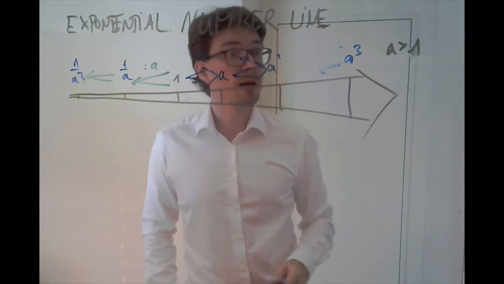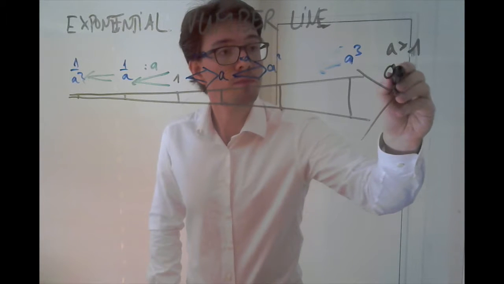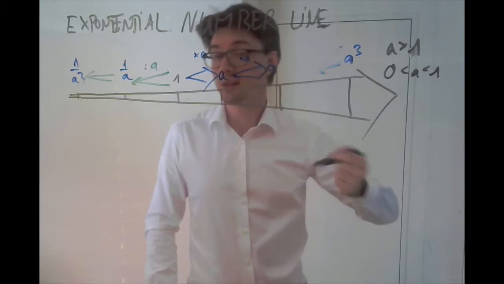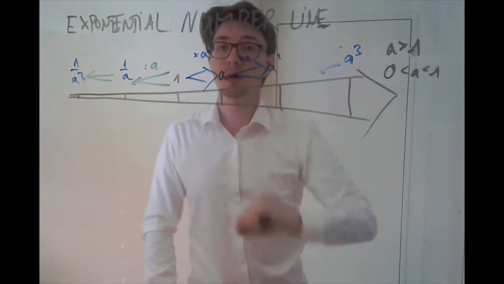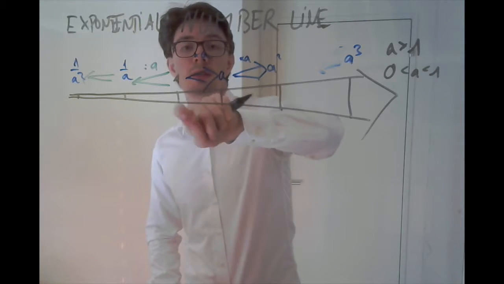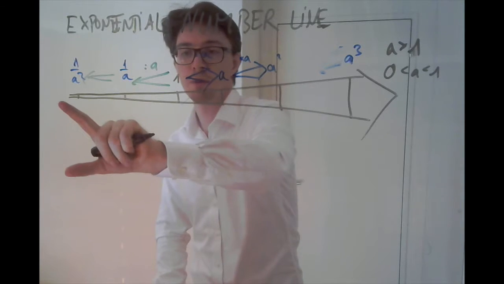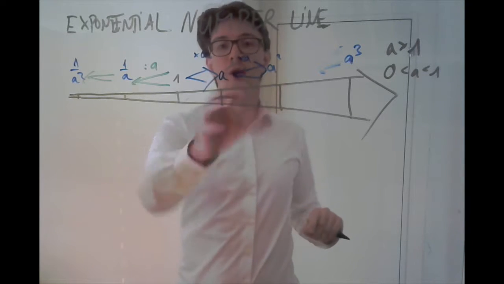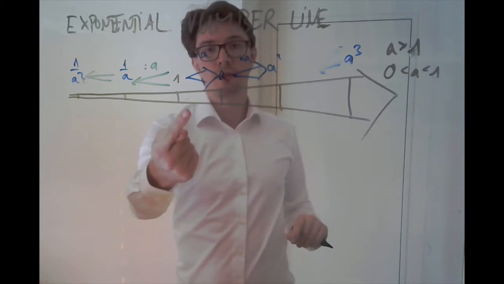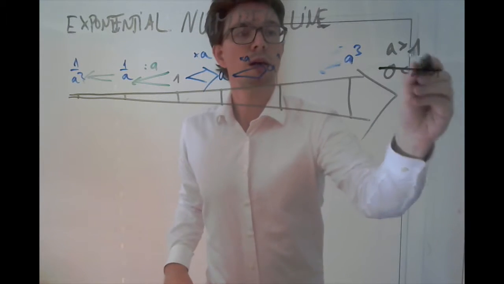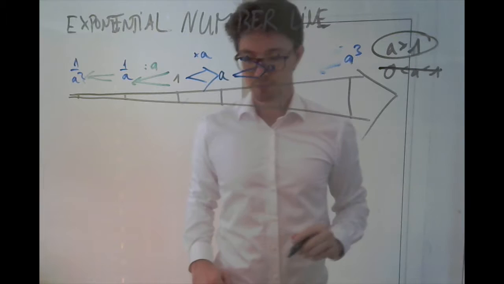But you might want to ask, can we maybe find values between 0 and 1, so positive but less than 1, and make this work? The answer is yes, of course, but then this would be a scaling down, so the number line would actually look like this, become thinner and thinner, and just be a mirror image of these kinds of number lines that scale up. So let's stay with this.